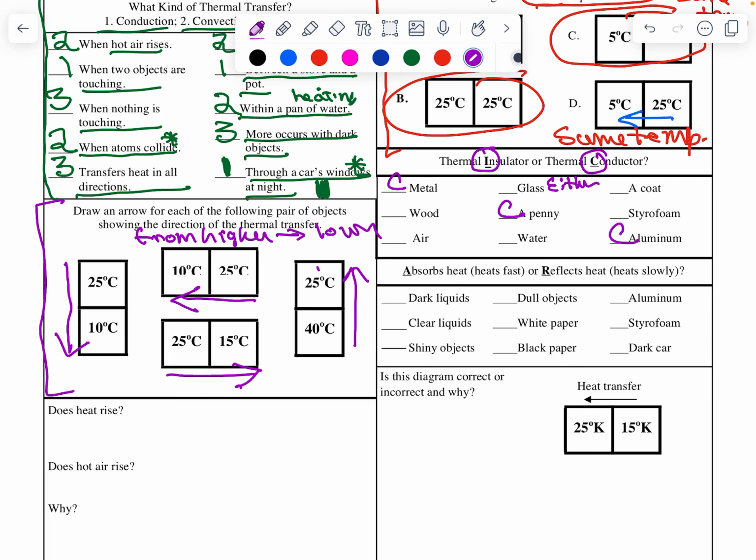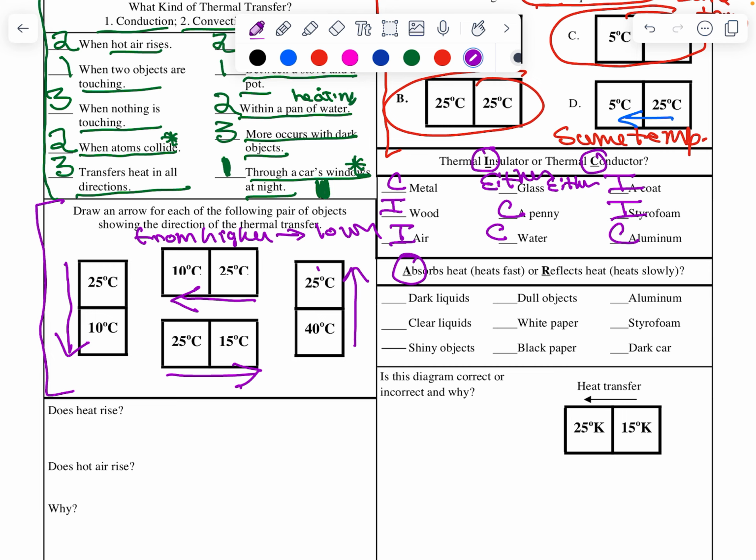Sometimes it acts as an insulator, sometimes it acts as a conductor. So I'm going to give that an either because I don't love that question. Water can also be either, but it's probably more of a conductor. Wood is an insulator. Air, we said, was an insulator. A coat that keeps you warm is an insulator. And styrofoam is an insulator.